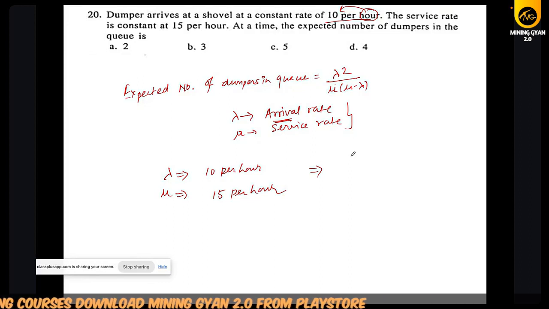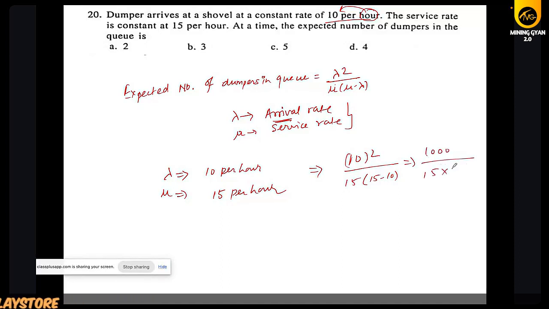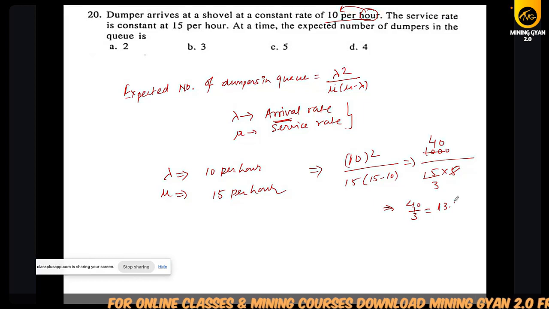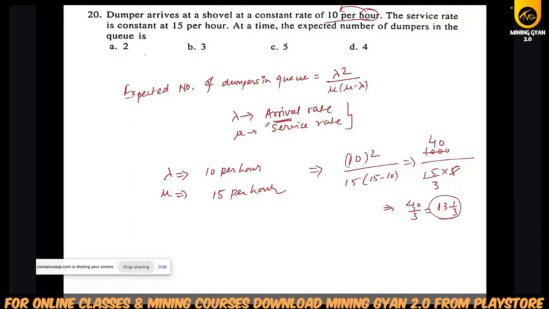So lambda square divided by 15 minus lambda. So it will be 100 divided by 15 multiplied by 5... I had made some mistakes. It is not 1000, it is 100, and it is not 40, it is 4.